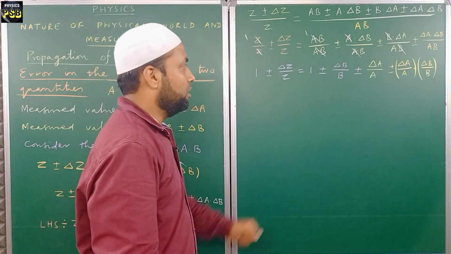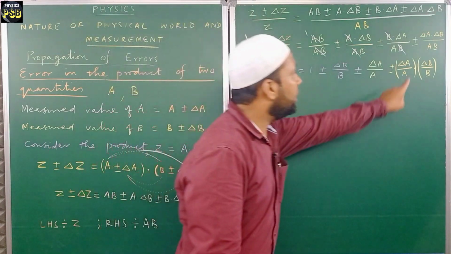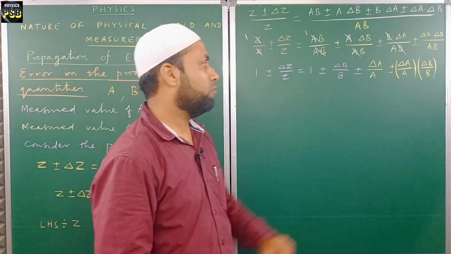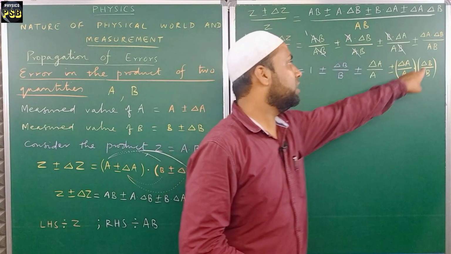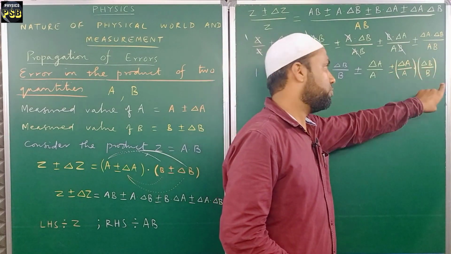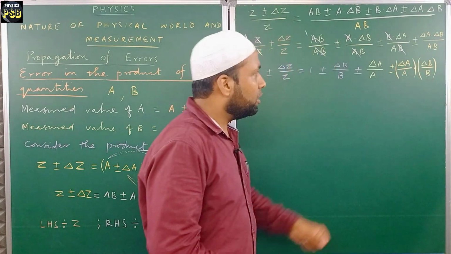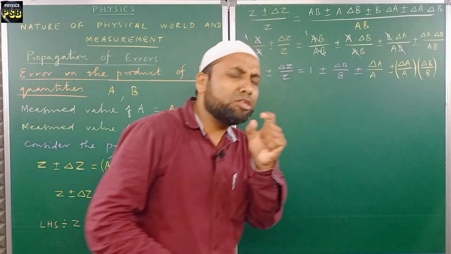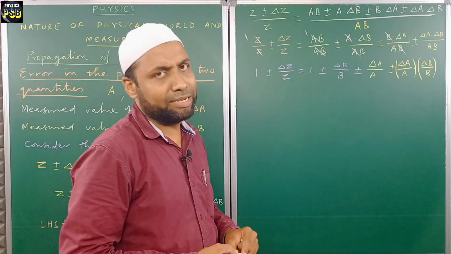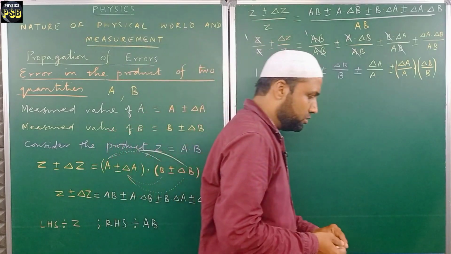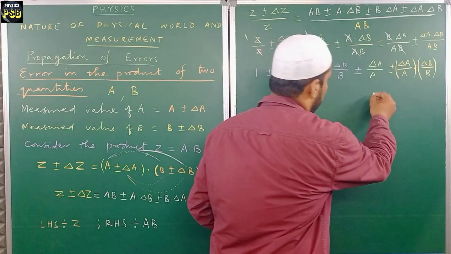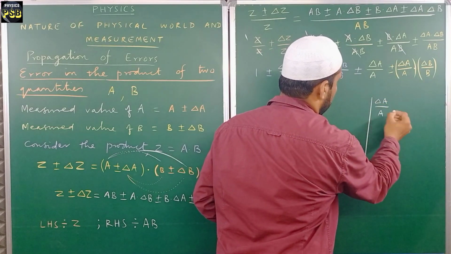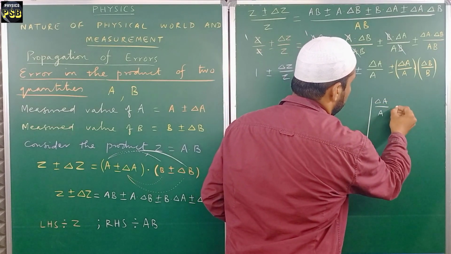Okay. Now look here carefully. Here delta A is a very small value. It is a fraction of A. In a similar way, delta B is also a very small value. It is a fraction of B. When a small value is divided by a large value, we get a very small value as a result. Okay. So here delta A upon A is a very small value.